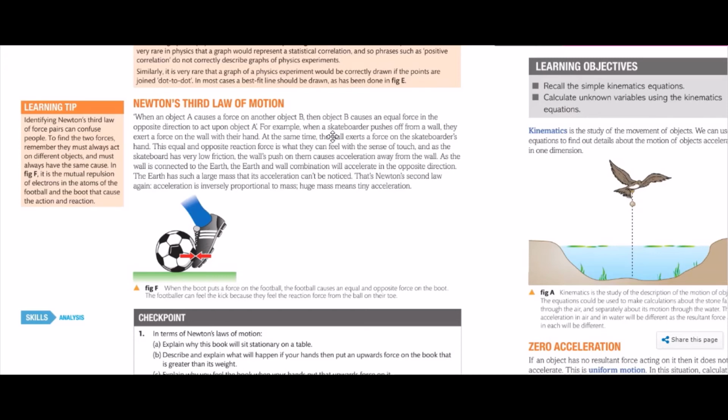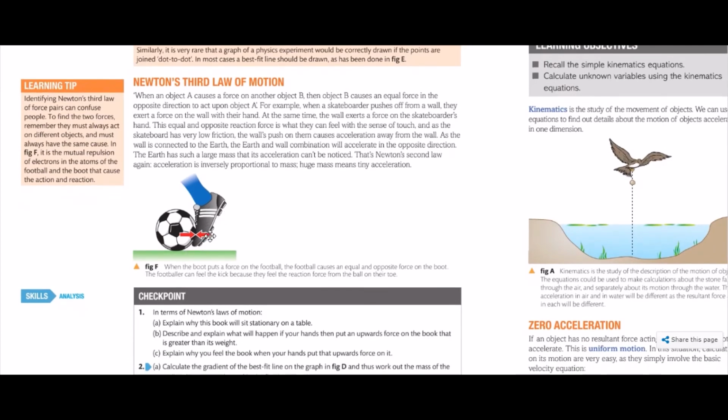You can see in the example in figure F given in your textbook, a player kicks a ball with his foot. So the shoe or the foot exerts a force on the ball, and the ball exerts an opposite reaction force on the foot. In this case, the force is a contact force. It's the contact between the foot and the ball.